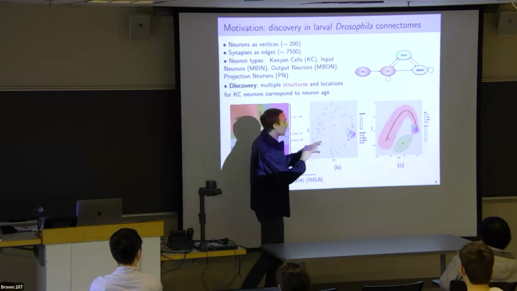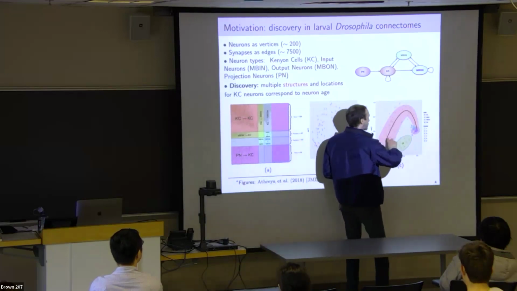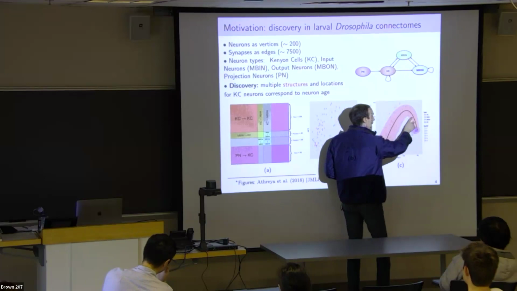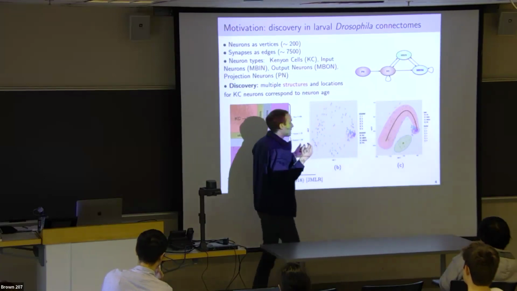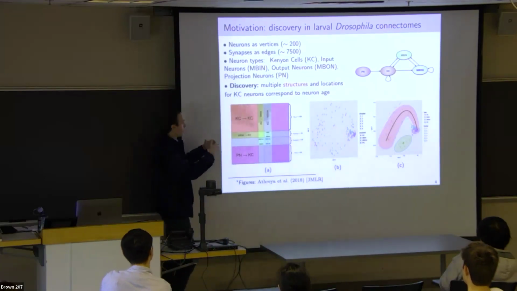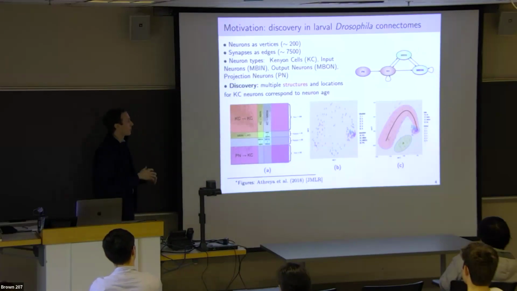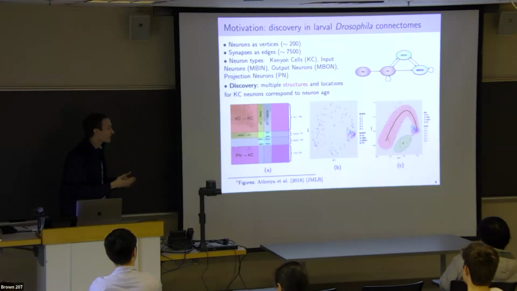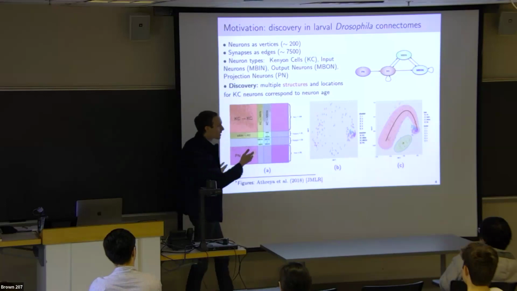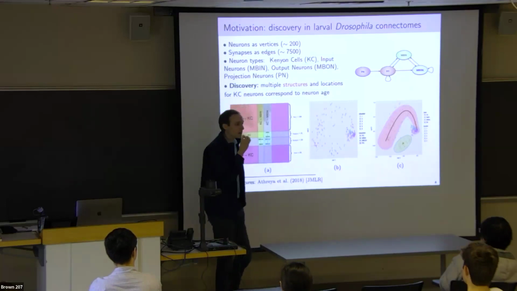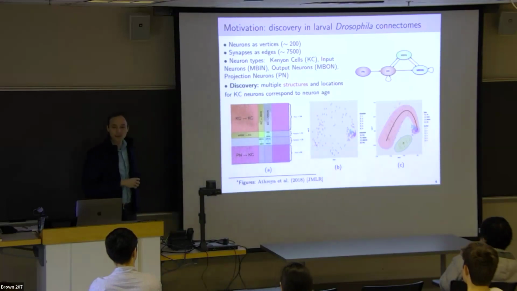So it's not simply distinguishing between neuron types, but actually age being reflected in this summary of the data, which itself was very high dimensional.